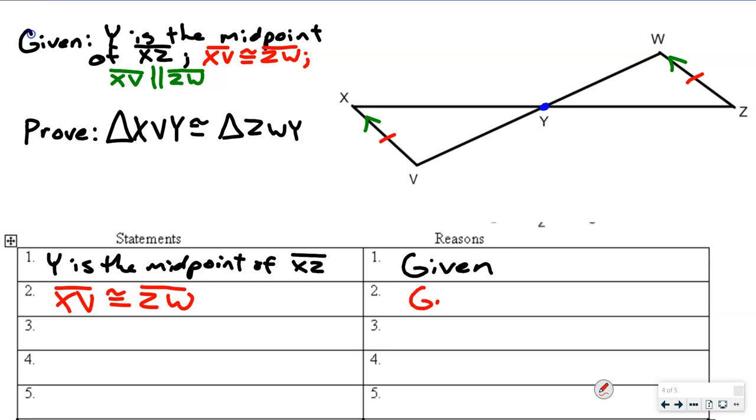That was given to us. We know XV is parallel to ZW. Those two vertical lines side by side means parallel. And that was given.